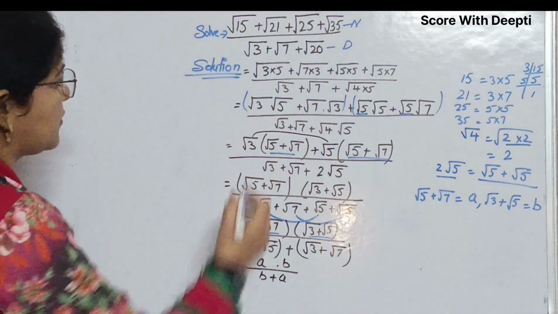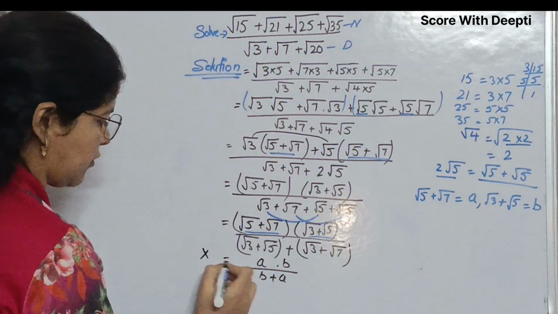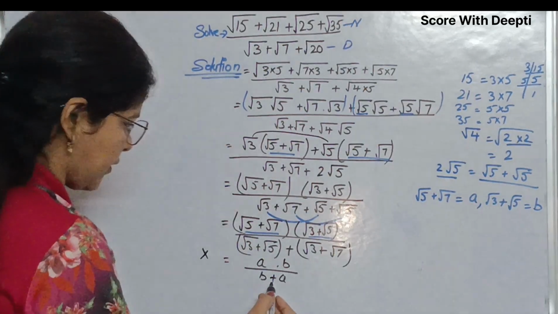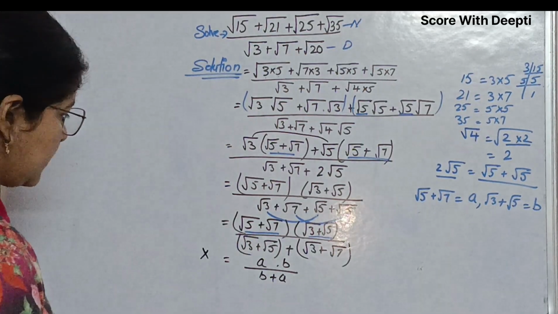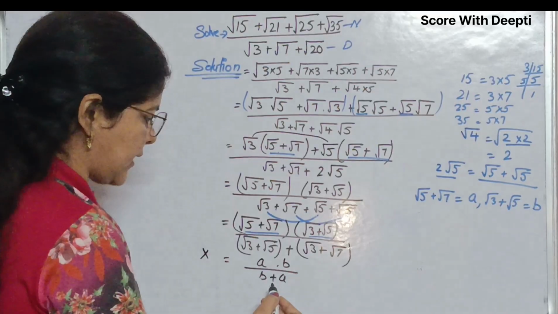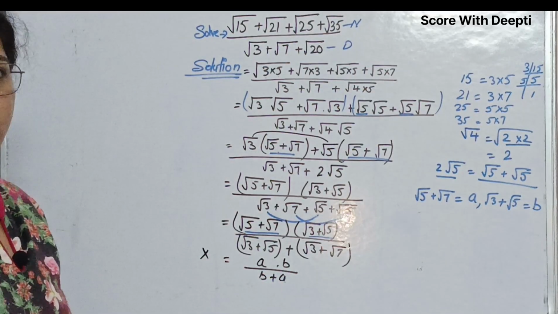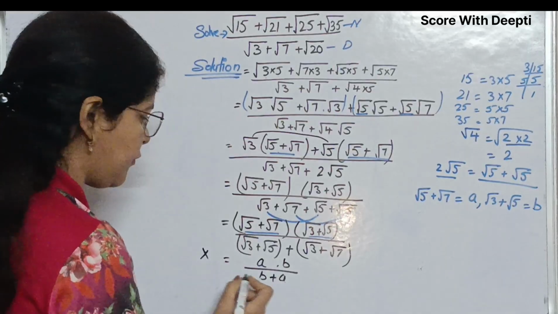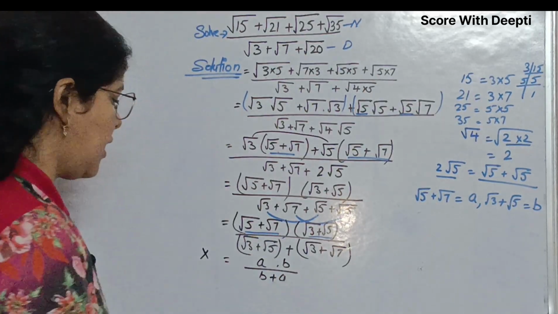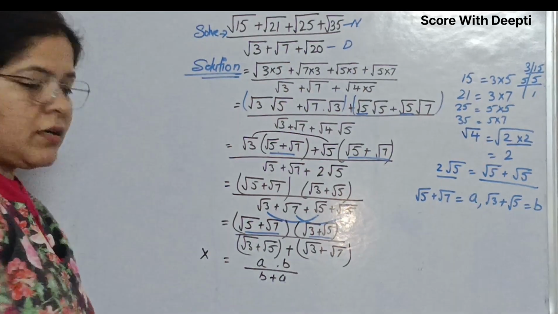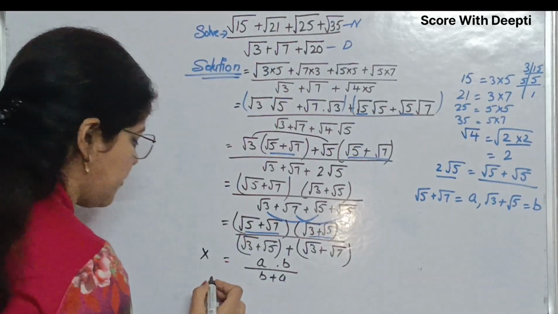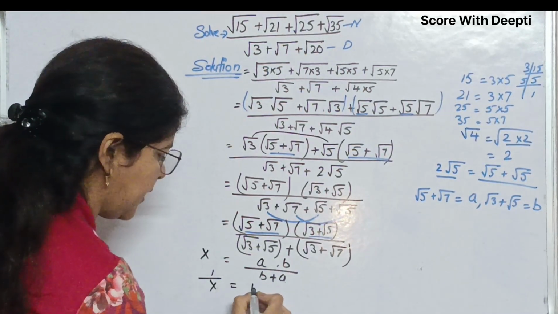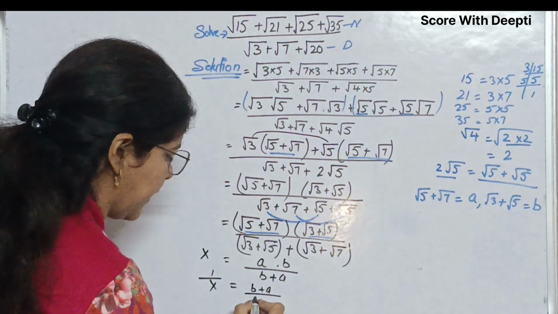Next we take this whole expression as x. Now our next step: first we take the reciprocal of this term. To find the solution, first we take the reciprocal. If we take the reciprocal on this side, we also take the reciprocal on the left-hand side. So here we write 1 over x equal to b plus a over ab.